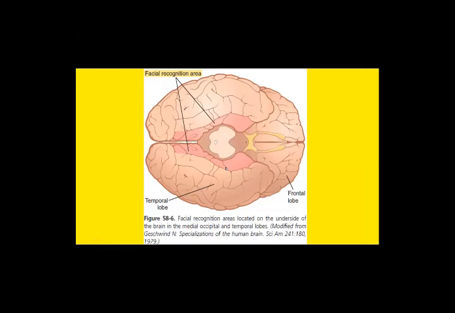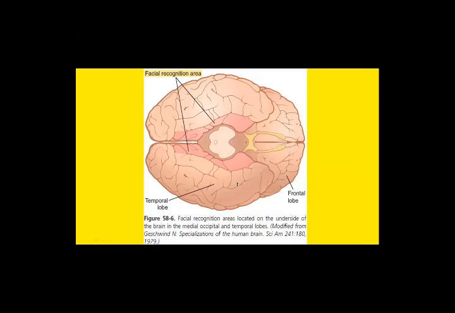Now this is the inferior view of the cerebral cortex. You are viewing the inferior surface of the cerebral cortex. This is the right cerebral hemisphere and this is the left cerebral hemisphere. This is the anterior lobe, this is the posterior lobe.